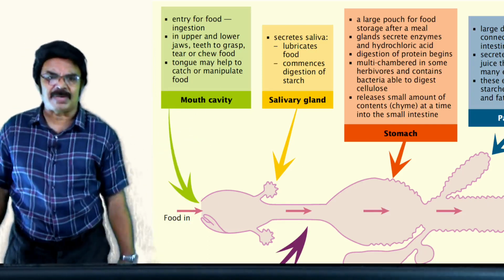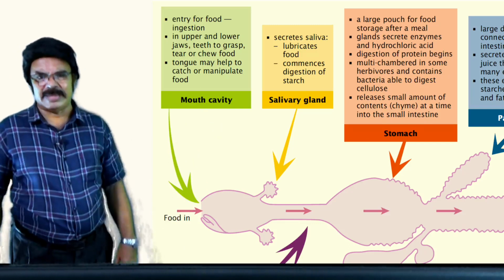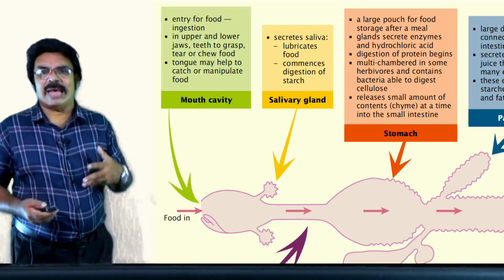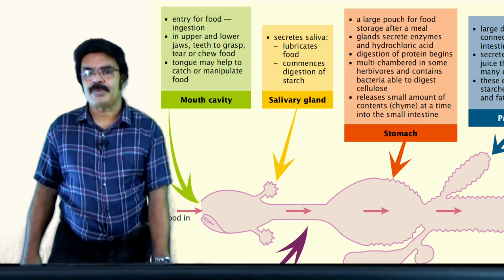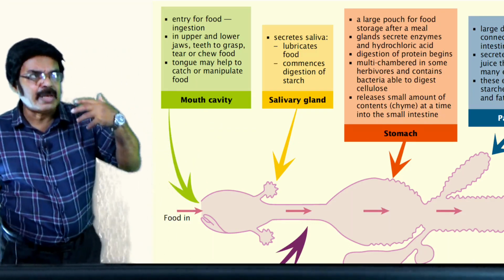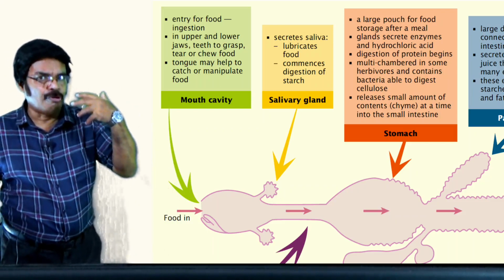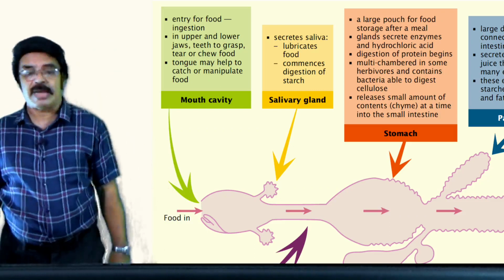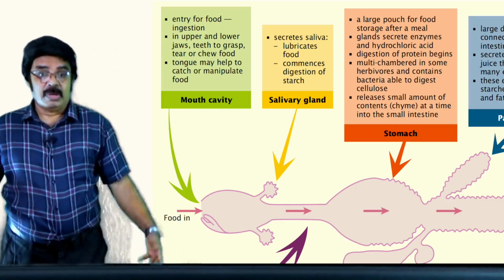We call it the buccal cavity, and it has 2 jaws basically. In some animals, the way that they move jaws is different, and in the buccal cavity, you know that physical digestion and chemical digestion go on.